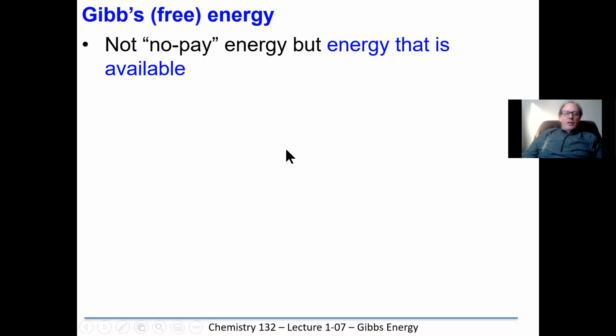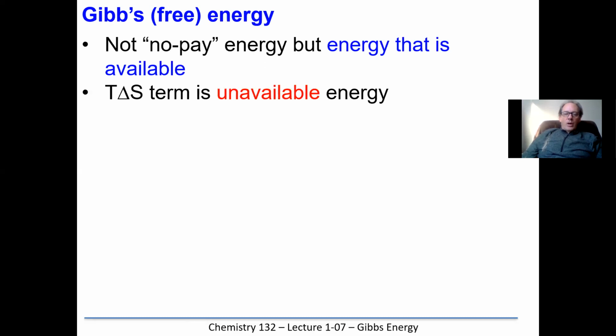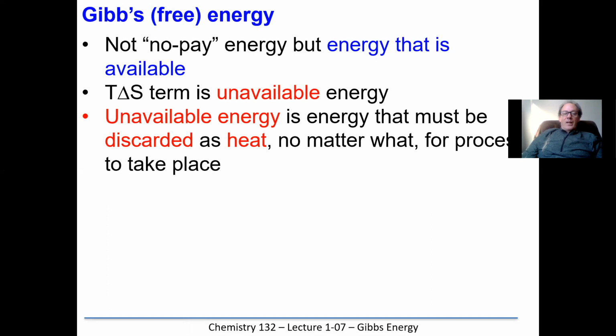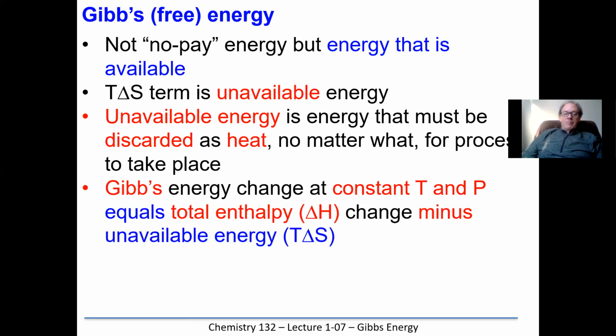So Gibbs free energy is not no-pay energy, but it's energy that is available to use to do work. So T delta S is the unavailable energy, if you like, that is wasted in the form of heat, and it's discarded or used for another purpose.